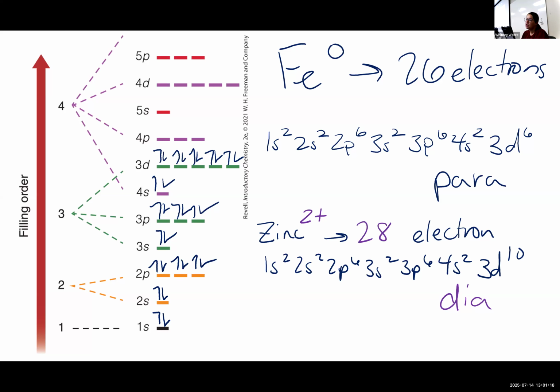So 30 minus 2 is 28. So I need to remove 2 electrons, and that will also affect my electron configuration. Is zinc 2 plus diamagnetic or paramagnetic? Now it moves to being paramagnetic. So as long as you can count the electrons, you can always get these right.